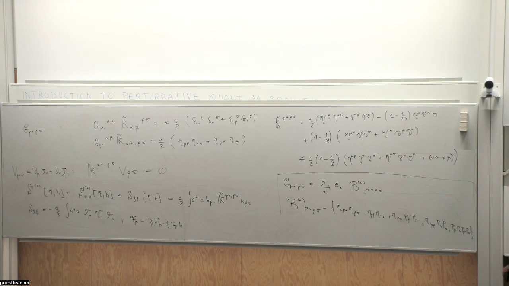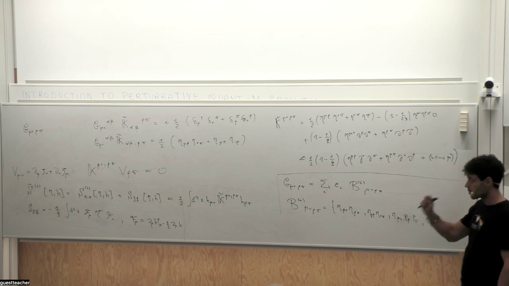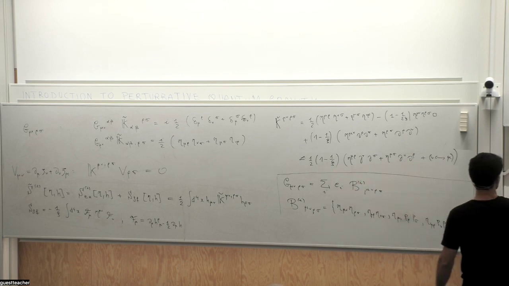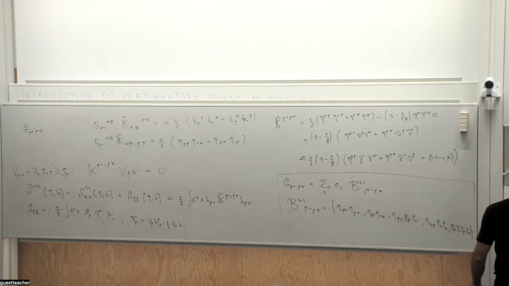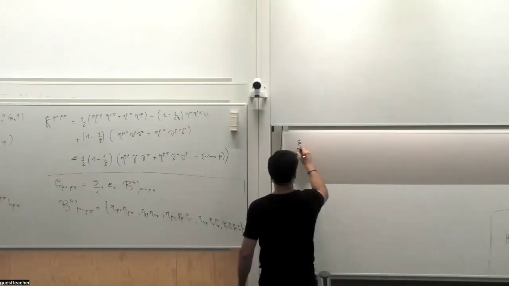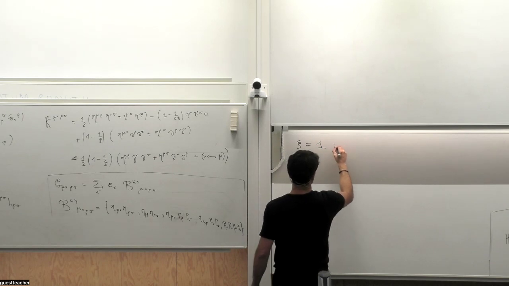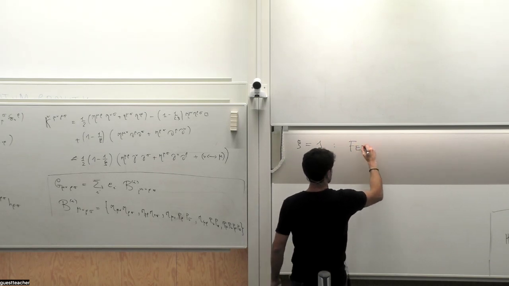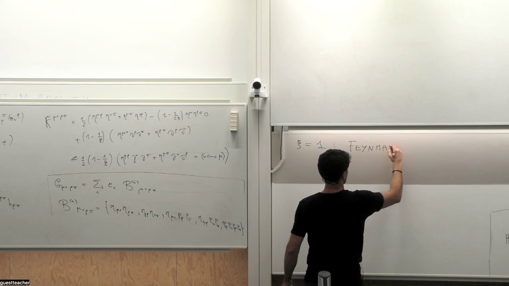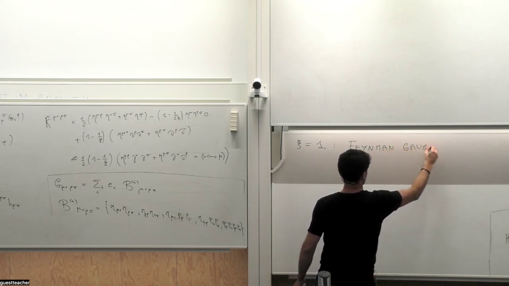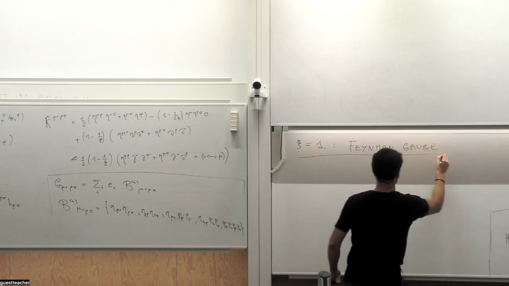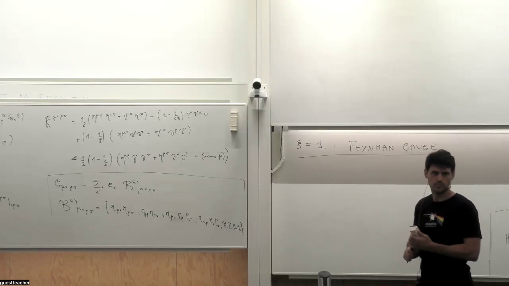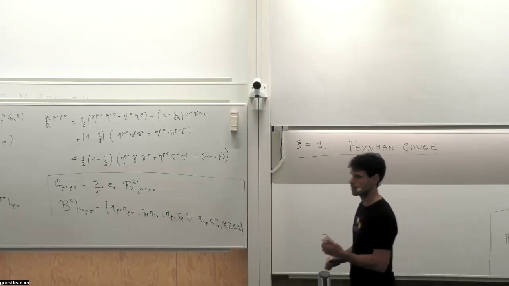It takes time. It's not even so instructive. Let's just try to find, for the time being, the propagator in the so-called Feynman gauge, which in my notation means xi equal to 1, Feynman gauge. Okay, we work with this now. Are there questions? Okay.